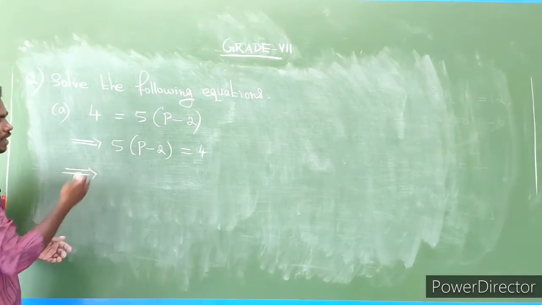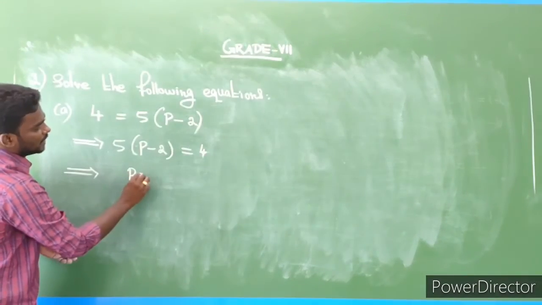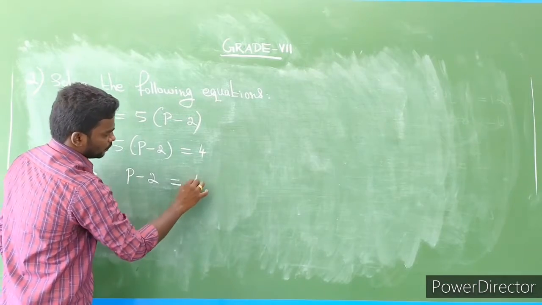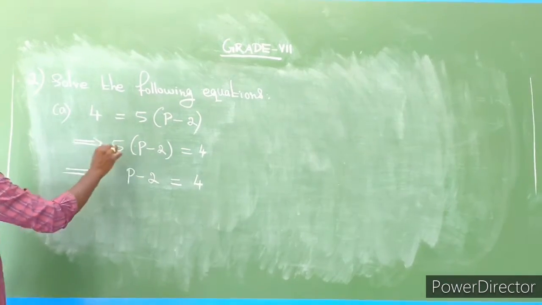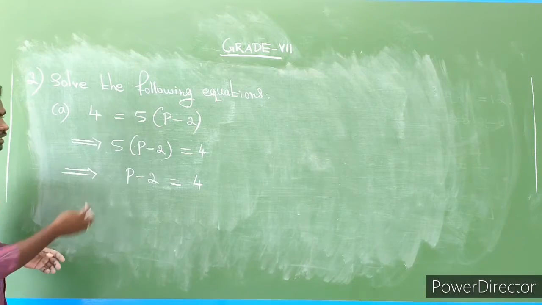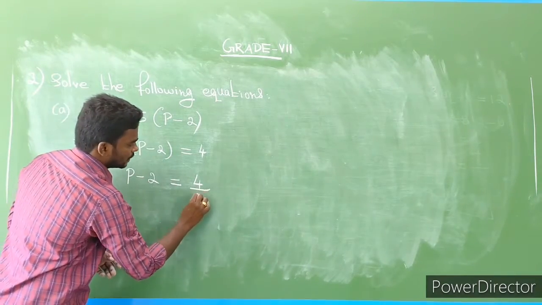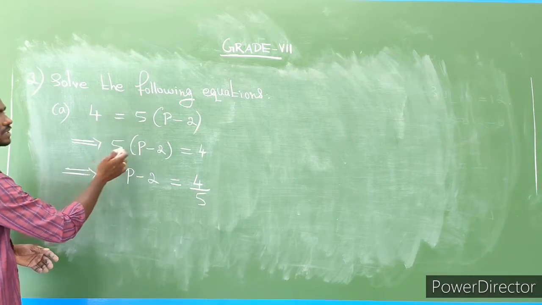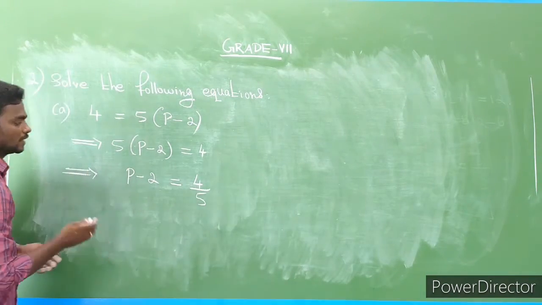Implies that, how to solve this? We keep the bracket value p minus 2 on the left side, which is equal to the value 4 on the right side. So 5 into p minus 2, that means 5 is multiplication on the left side, which is transposing to division on the right side.